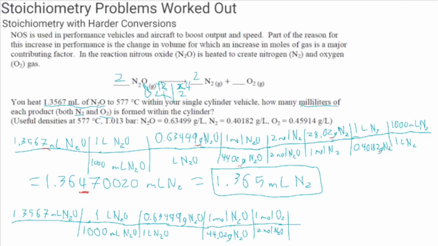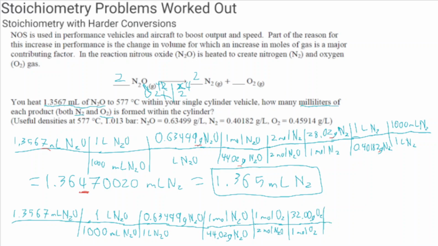Then we can use the periodic table, and we'll say for every 1 mole of O2, and just plug in that molar mass, so 16 times 2, so we get 32.00 grams of O2.